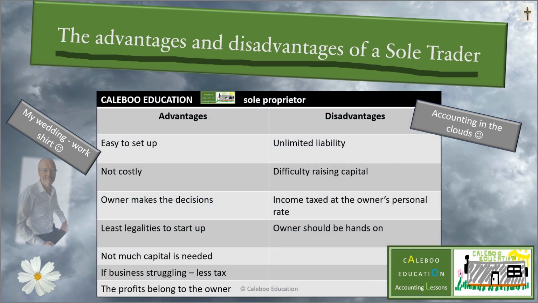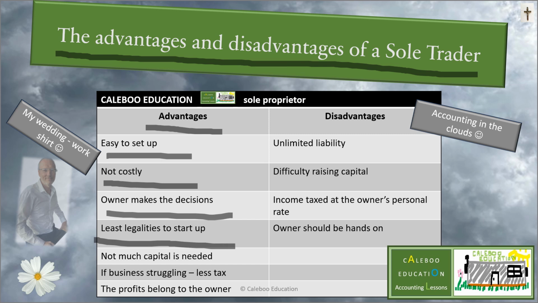So if we have a look at the advantages of becoming a sole trader, it is very easy to set up. It isn't costly. I get to make all the decisions as the owner with a sole trader. Legally, there isn't too much documentation to complete.